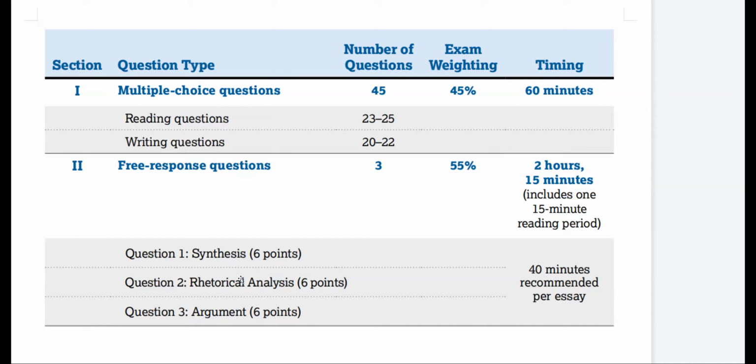If the essay is talking about women's rights, in your question 2 rhetorical analysis essay, do not say 'I strongly support the women's movement,' because that's not the mission we are asked to do in question 2. Our job is to analyze how the author expressed his or her idea about the women's movement.